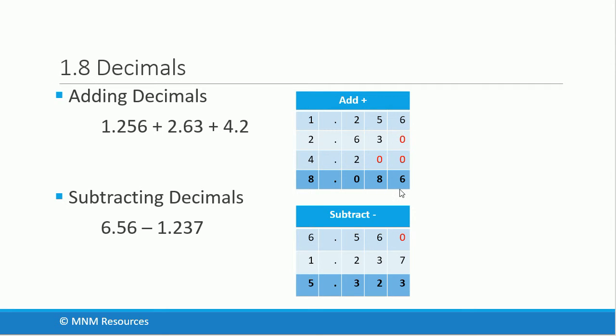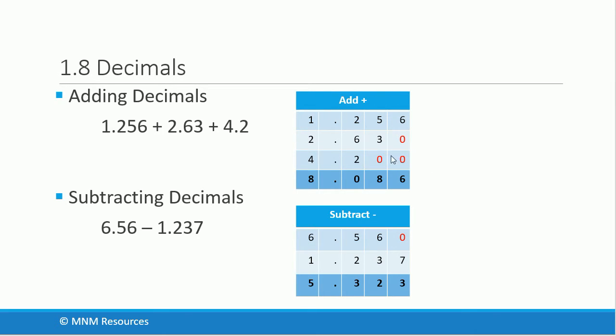To ensure that they line up, you can always add a zero or two at the end of a decimal value without changing the actual value of the decimal. So 2.630 is the same as 2.63. 4.200 is the same as 4.2.